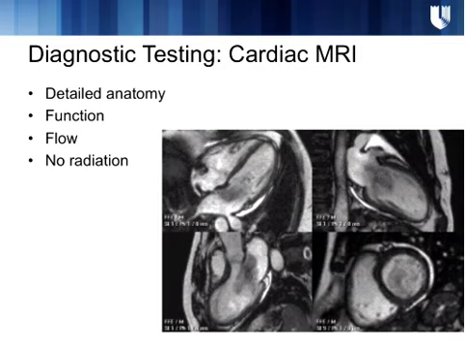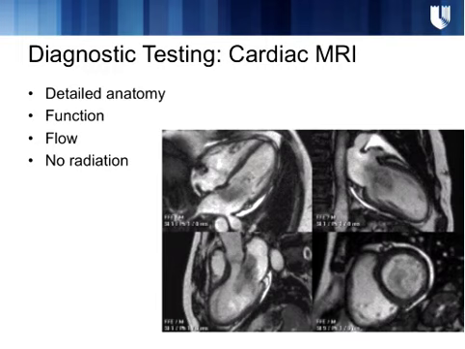The last imaging modality that we'll talk about today is cardiac magnetic resonance imaging, or cardiac MRI. Cardiac MRI is very similar to CT scan technology. However, it uses magnets to create its image formation.